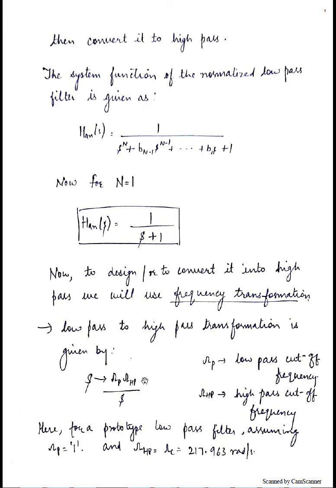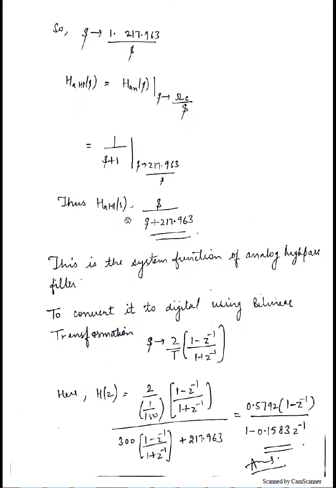Now this s we will replace in the normalized equation for the low pass normalized filter. If we keep these values, we will get the analog high pass filter. So by substituting in 1 by s plus 1, we have to replace this s by 217.963 by s.